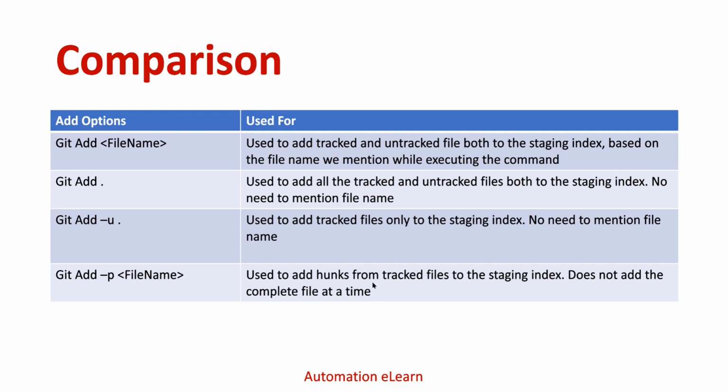Here we are talking about a small chunk from the single file that we can ask Git to add. So this fourth option is different from the first three options. In the first three, we were processing the file itself, but in the fourth option, we are talking about part of the file, not the complete file.